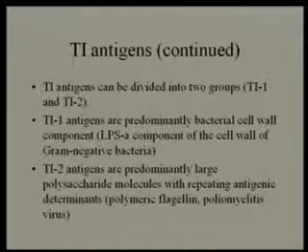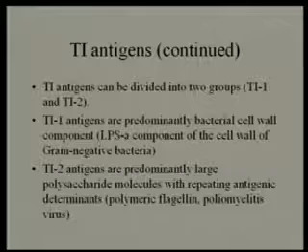And when you look at T-independent antigens, they can be divided into two groups, the TI1 and the TI2. TI1 are predominantly bacterial cell wall components. So if you have a large infection with a bacteria, these B cells may be quickly activated. TI2 antigens are predominantly large polysaccharide molecules with repeating antigenic determinants.